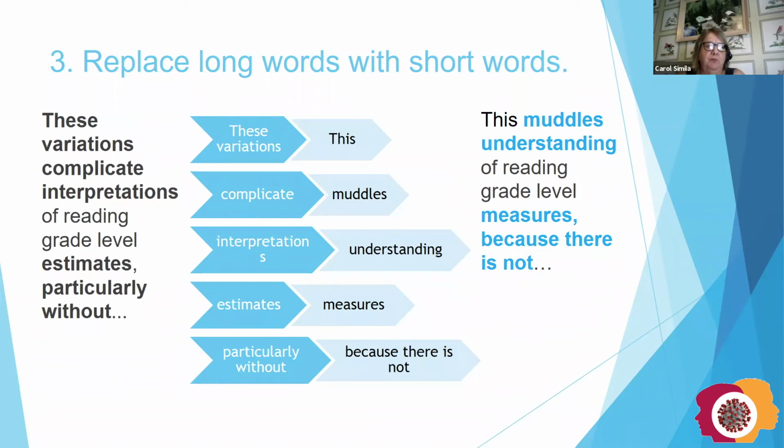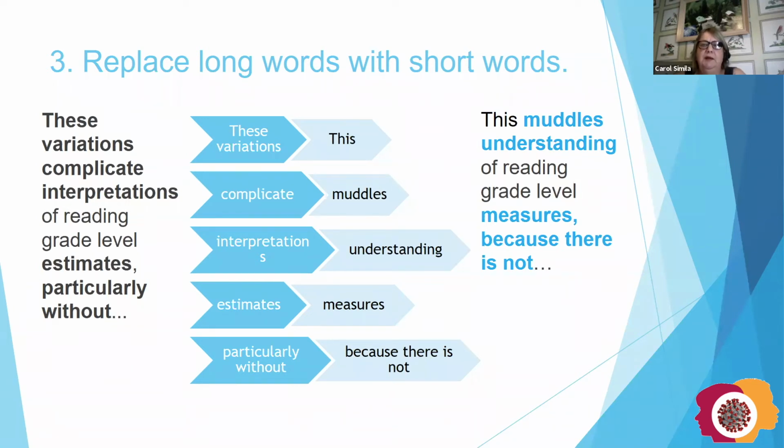Okay, so when we're looking at some of these other variations, this is a good example of something you don't really need. Just replace these variations with this, and complicate, okay, muddles, interpretations, understanding, estimates, measures, particularly without. In this case, I chose because there is not, and it's a contextual thing.